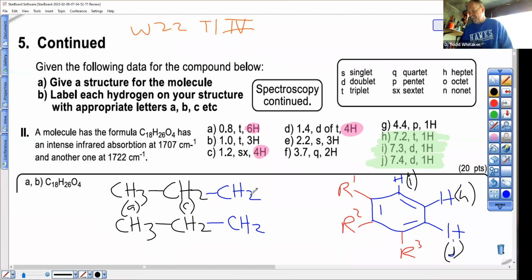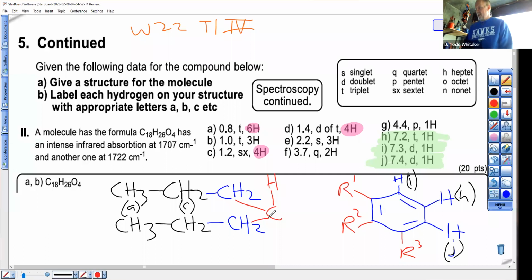Okay. And then we got these four H's. I think I can make D of T work now, because I've got the T. There's a T. Why a T? There's two neighbors to the left. I need one neighbor to the right. I think it's time to join these guys. Here's your one neighbor to the right.